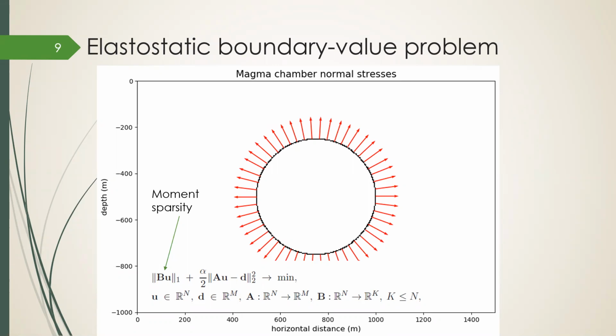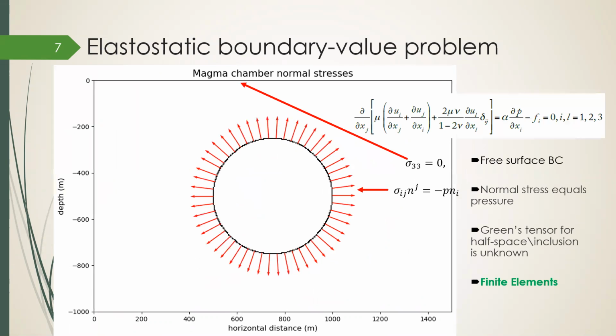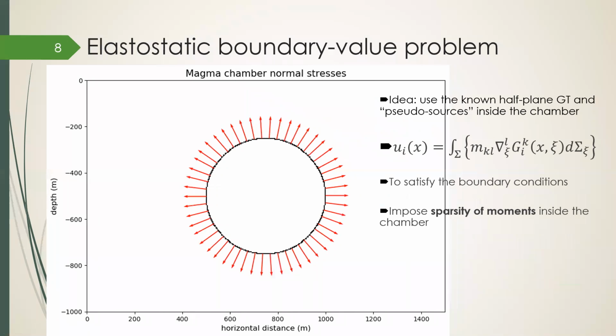Now, the second term is simply the forward modeling operator for the normal stress, and our data is the actual boundary condition, the pressure. So if I may go back for a second, this last equation, the third one, is what is inside that two-norm.